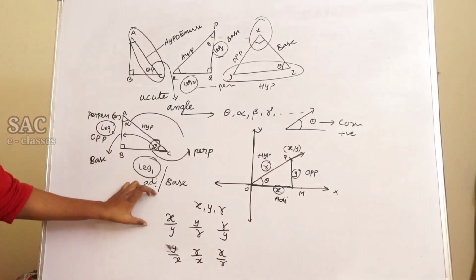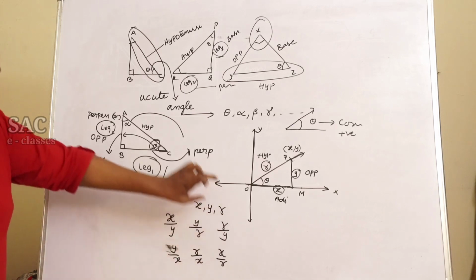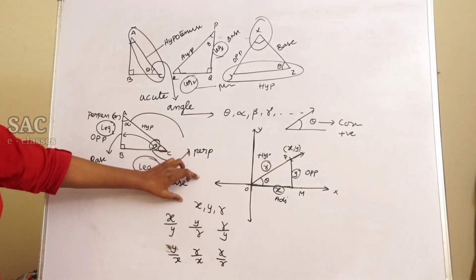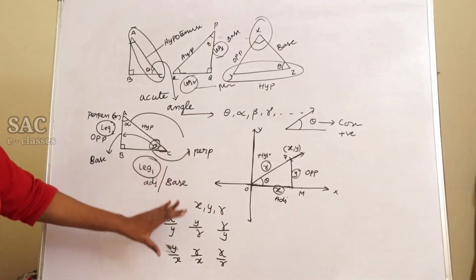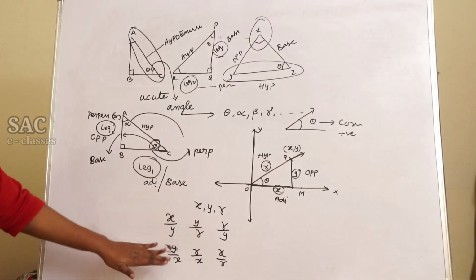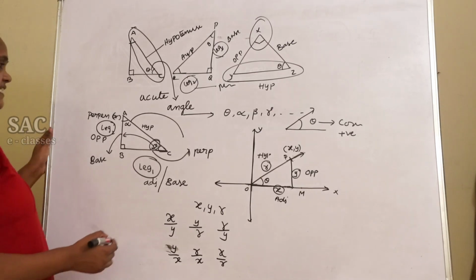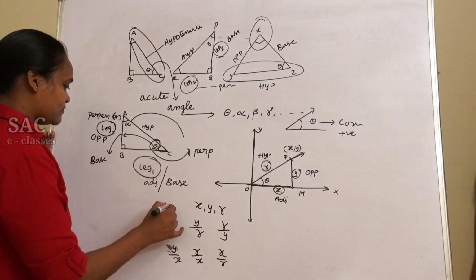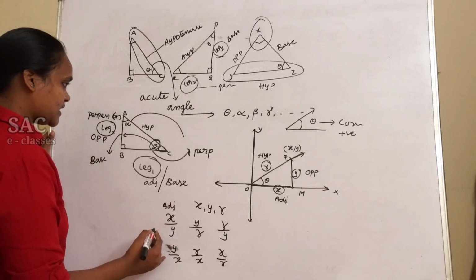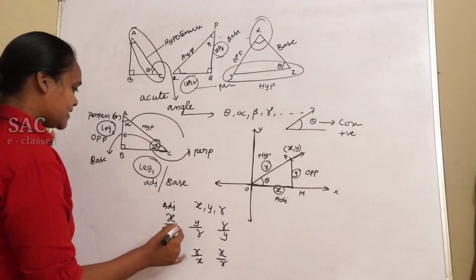Other than these, can we frame any other ratios? No, we can't frame more than these ratios, that means only 6 possible ratios are there. Here x refers to the adjacent, y refers to the opposite, like that.